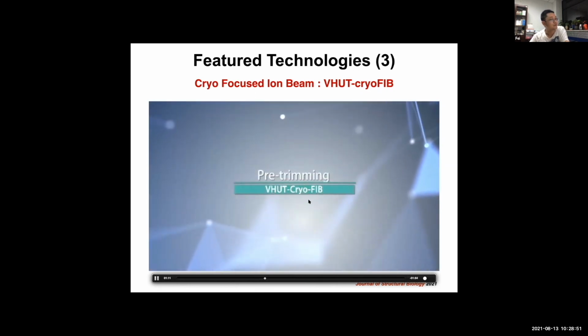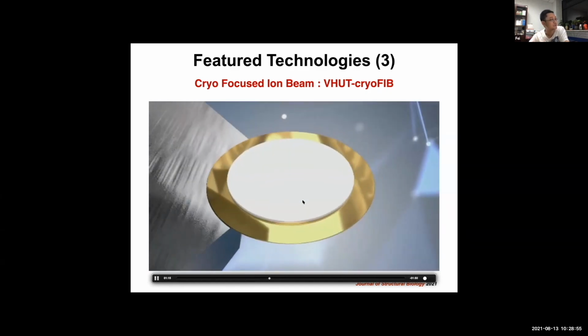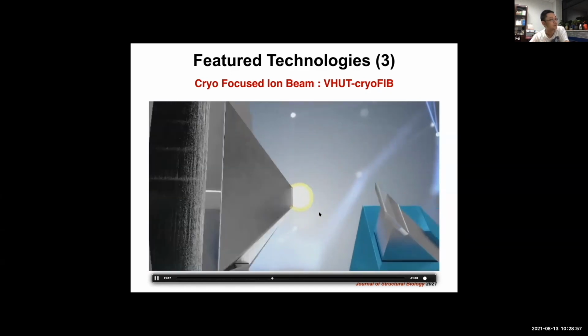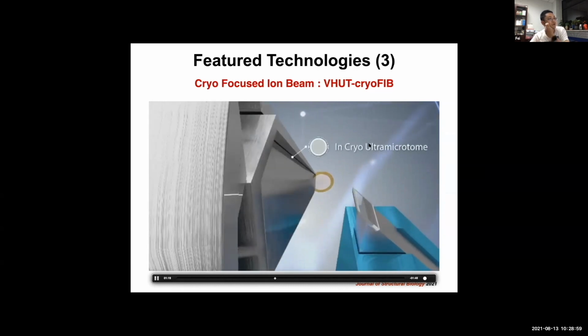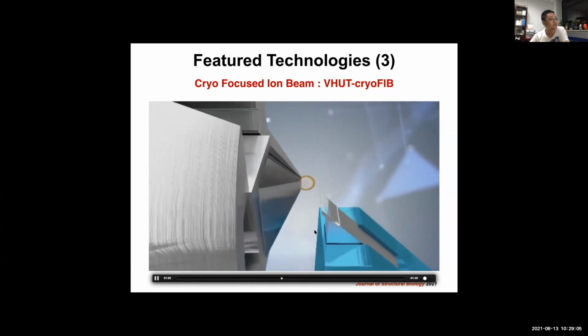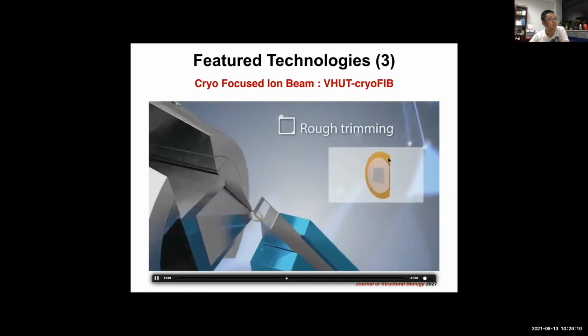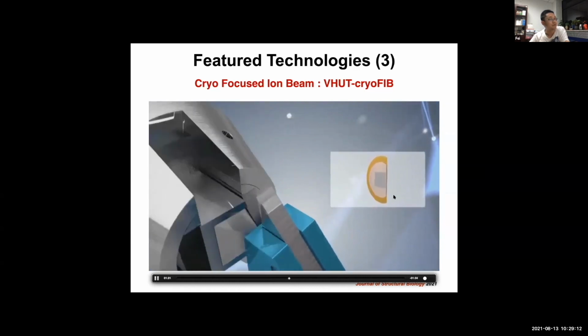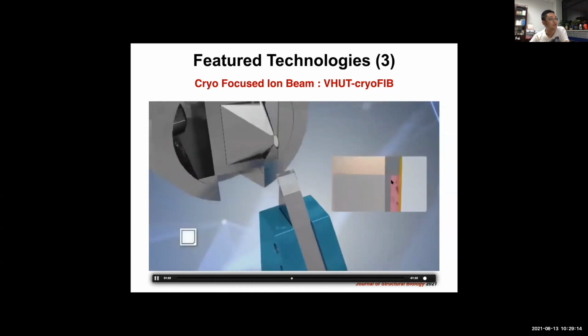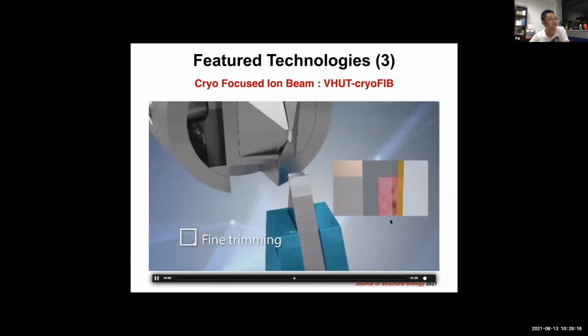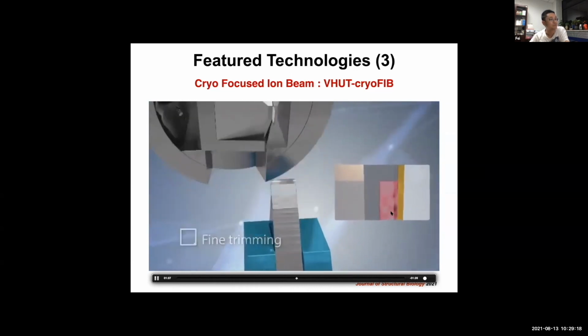After high pressure freezing, we put the carrier into the cryo ultramicrotome and perform the trimming procedure. We use a diamond knife to trim the metal material and make the cryo-fixed block exposed.